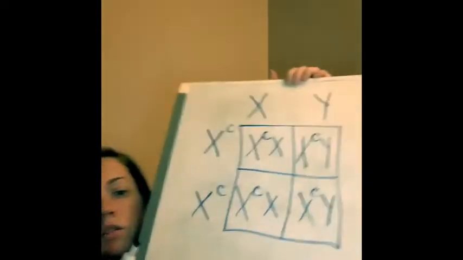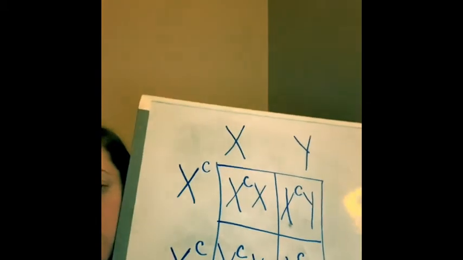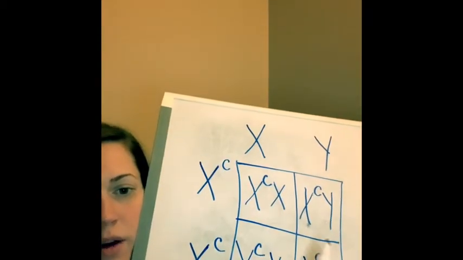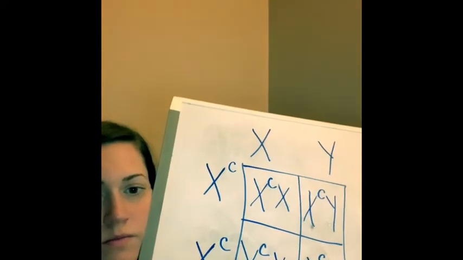Okay, so we have the same results here. You have 2 females that are carriers, and you have 2 colorblind males.